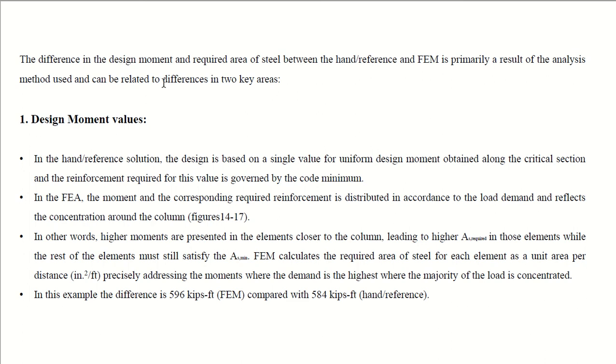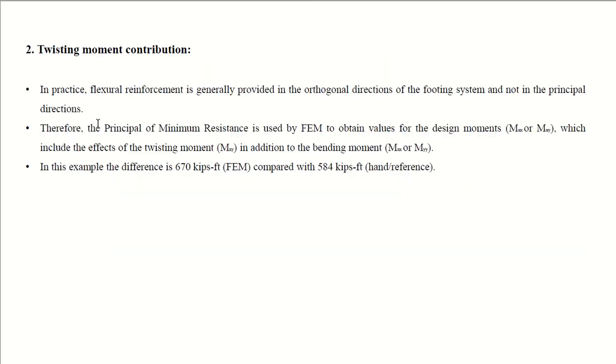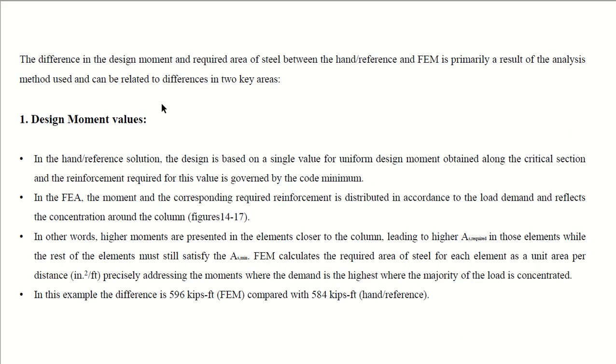The difference in the design moment and required area of steel between the hand reference and FEM is primarily a result of the analysis method used and can be related to differences in two key areas. Number one is design moment values, and number two is twisting moment contribution. And you can better read it from the text.